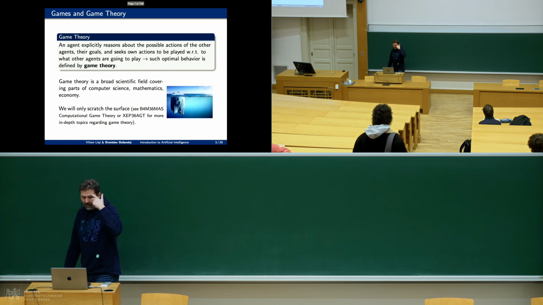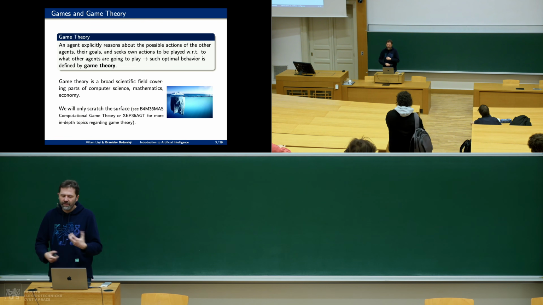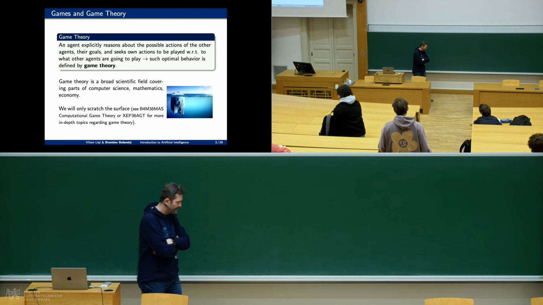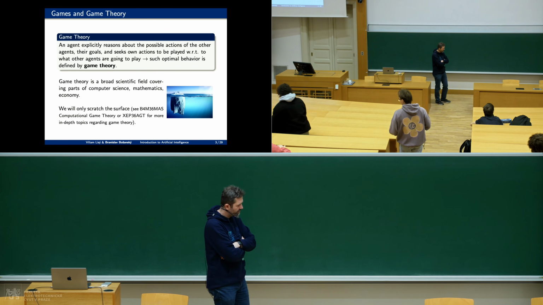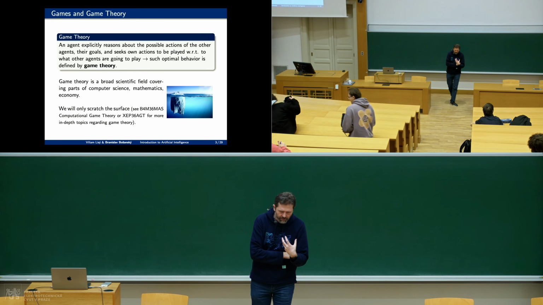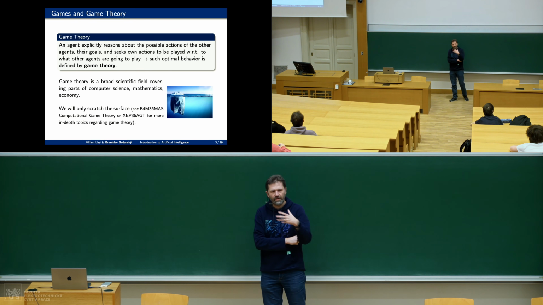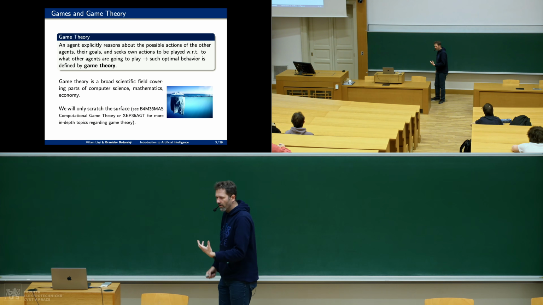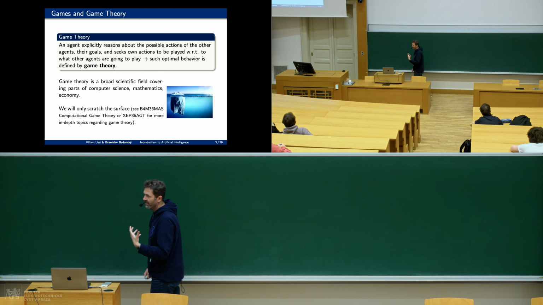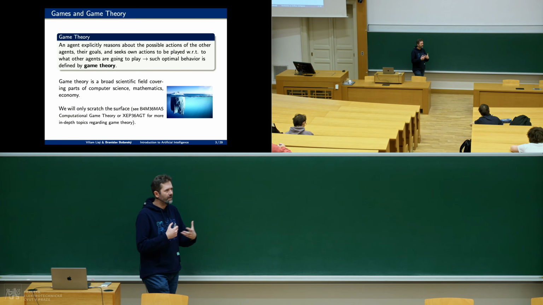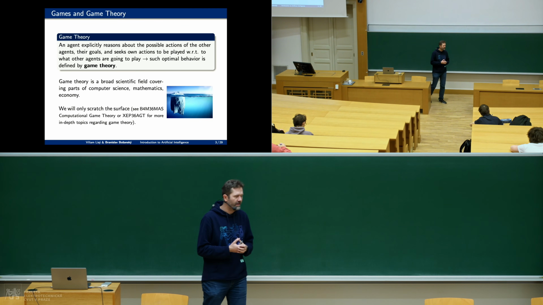And this is a really, really broad scientific field, and you can encounter and study game theory from very different perspectives. Game theory originally started as a sort of economic or mathematical science.